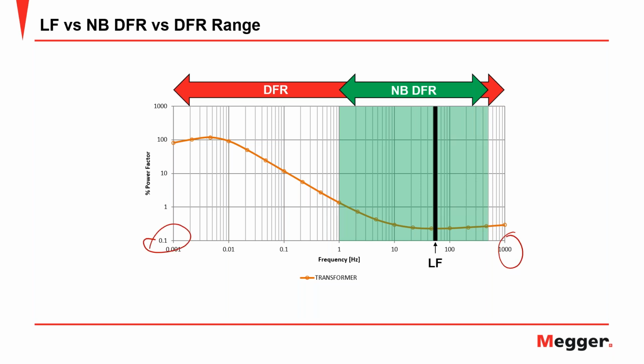So you can clearly see now that with narrowband, we can understand much better the dielectric behavior of the insulation, not just at one point. Any change due to aging, contamination, moisture, or damage of the insulation system can be better monitored now in this 1 to 500 hertz analysis.